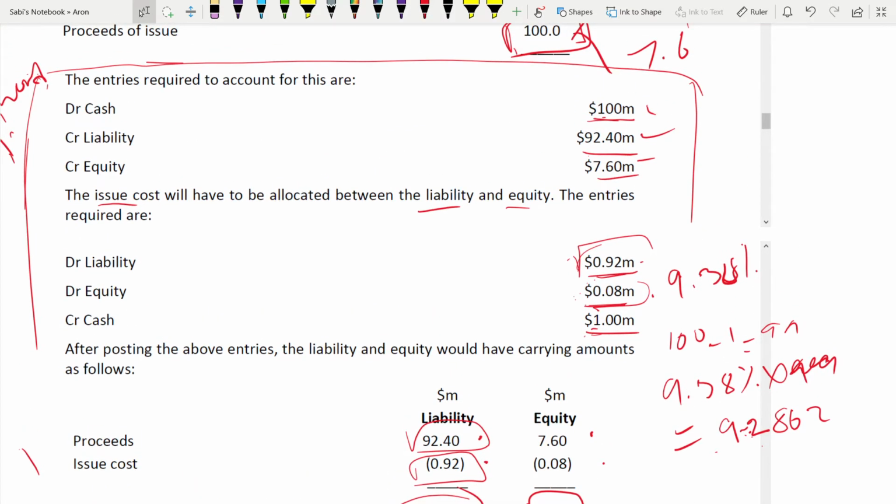Okay, we'll just check this. And if you check this, 9.2862 and 0.92, it is very much similar. It's just that it's one decimal place after.